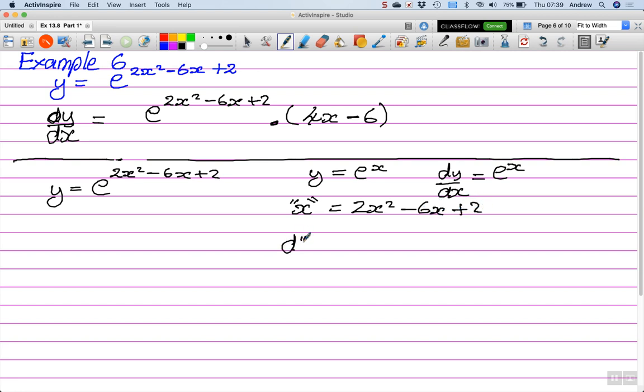So when we differentiate it, the multiplying factor is 4x minus 6. So when we come back here and actually apply it, dy dx, when we differentiate an e function, it does not change.